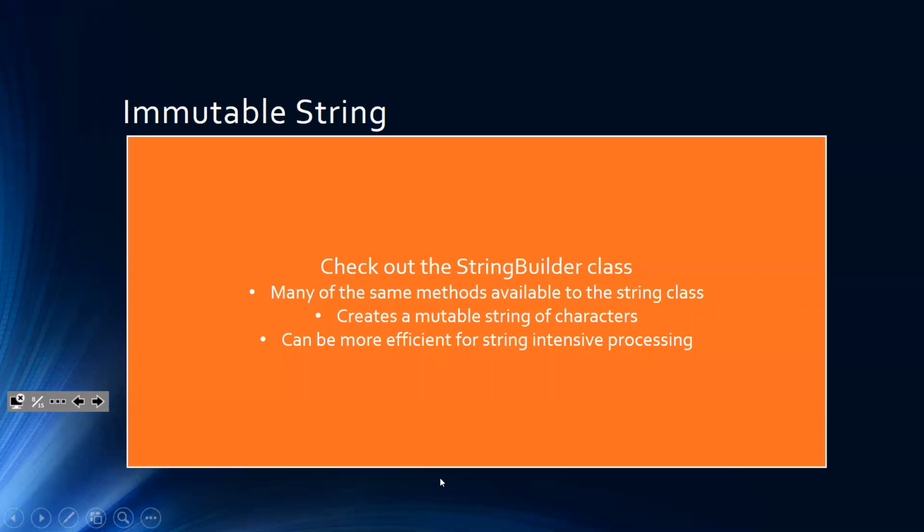We can get around this problem using a special class called the StringBuilder class. Now, StringBuilder offers a lot of the same methods as the regular string class, but it creates mutable strings, meaning they can be updated. So if we're using StringBuilder, we don't have to worry about changing all of those different strings in memory.